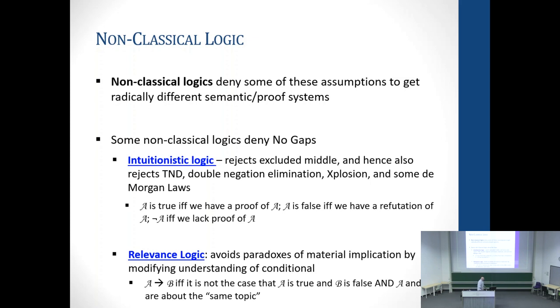So what they try to do is to block these paradoxes of material implication by modifying the conditional. In particular, the conditional is true if and only if the traditional definition holds, right? It's not the case that the antecedent's true and the consequent false, but also there's a connection between the antecedent and the consequent.